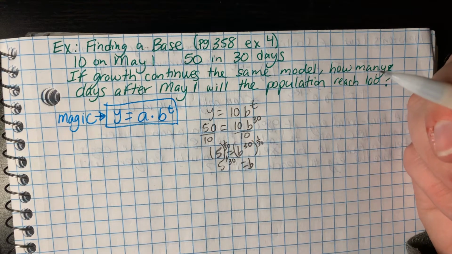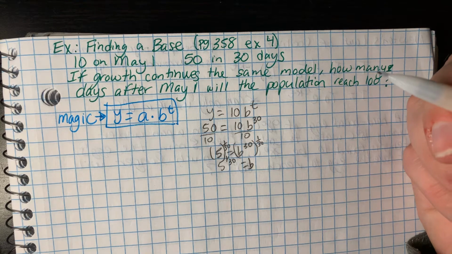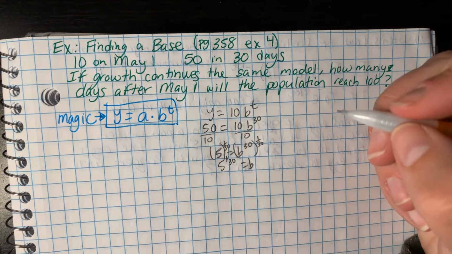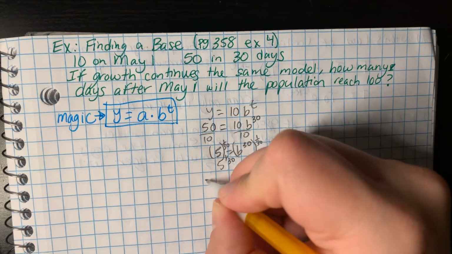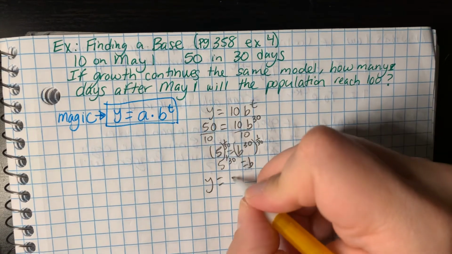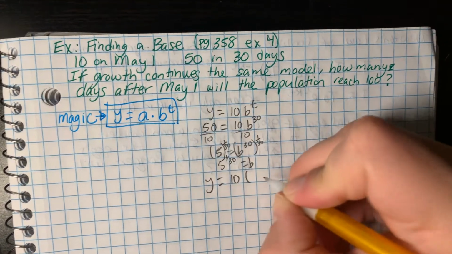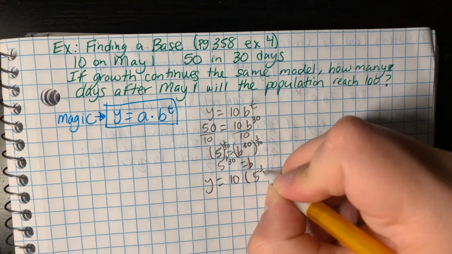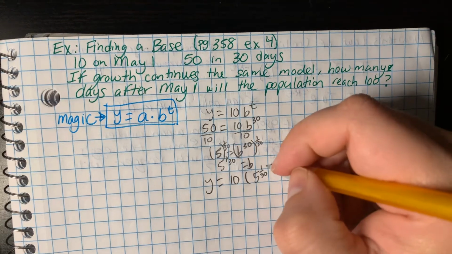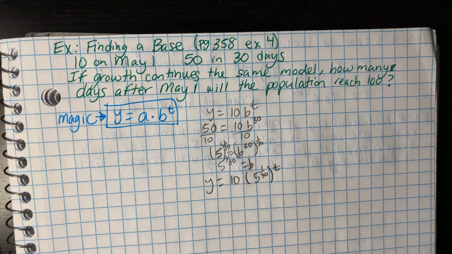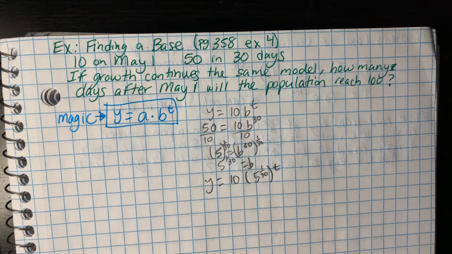Now we can use that information to plug it back into this equation. So we'll have y equals a, which was our initial, 10, times b, our base, to the time. We want our final amount to equal 100.